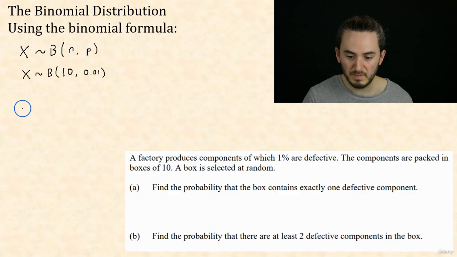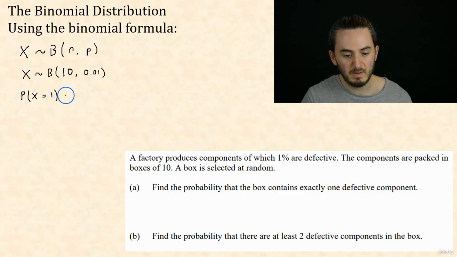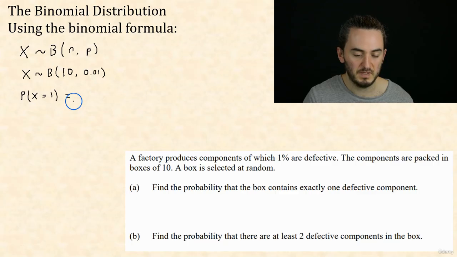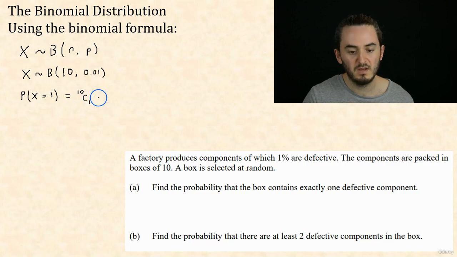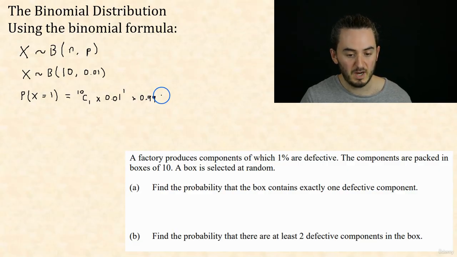Now, what's the probability that a box contains exactly one? That's the probability that the number of successes, the number of defective components, is 1. Remember that our binomial probability formula is, first, the number of ways it could happen, which is 10 choose 1, multiplied by the probability of success to the power of the number of successes, 1, multiplied by the probability of failure, which is 0.99, to the power of the number of failures.